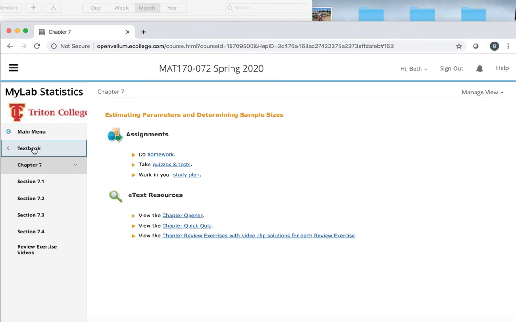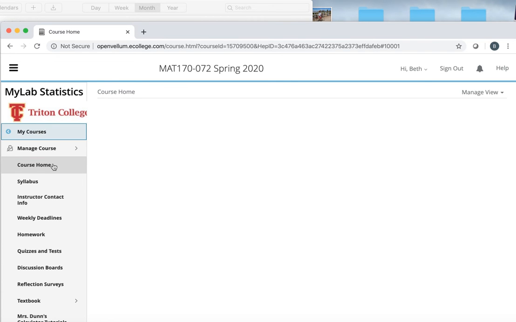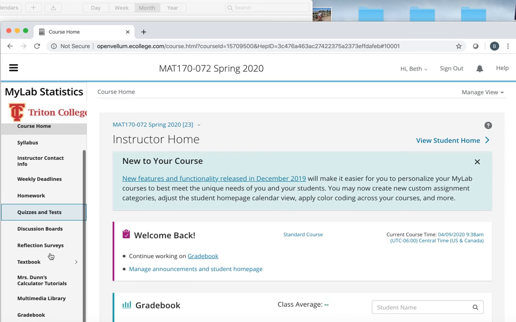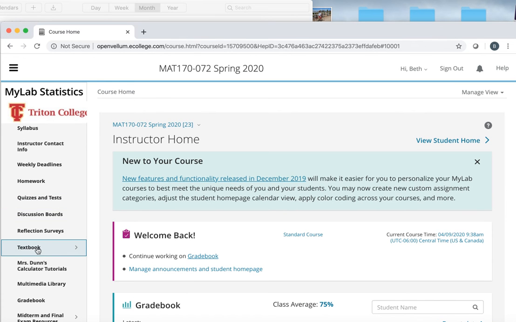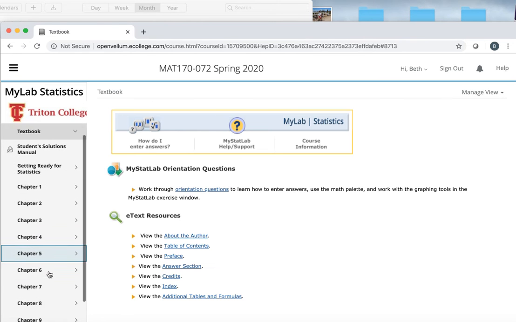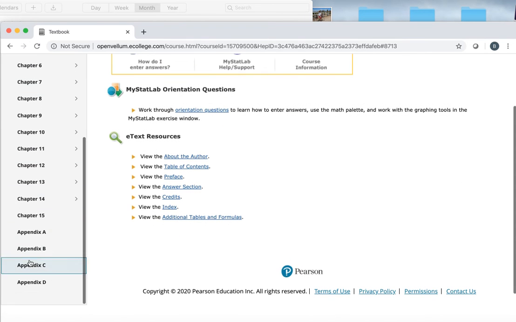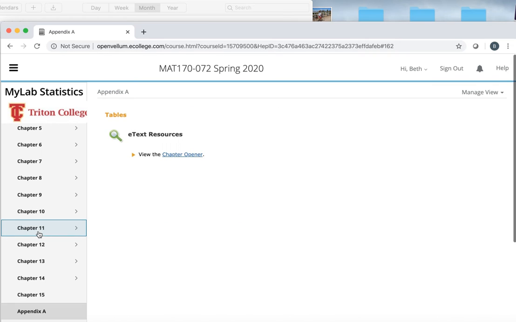So I'll get out of the textbook, back to the main menu. What you need to do is scroll to the textbook again. So click on this link. And all of the tables are in Appendix A. So I'll click on Appendix A, and I'll click Chapter Opener.